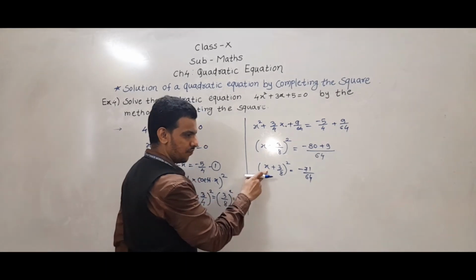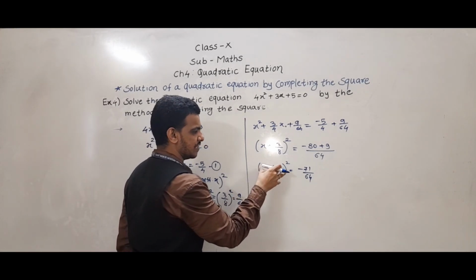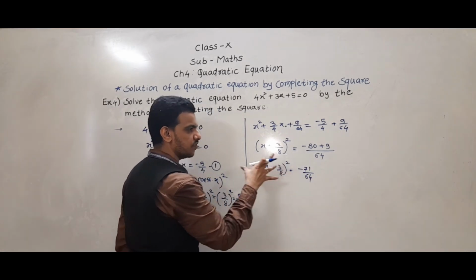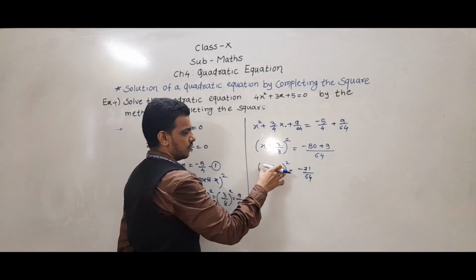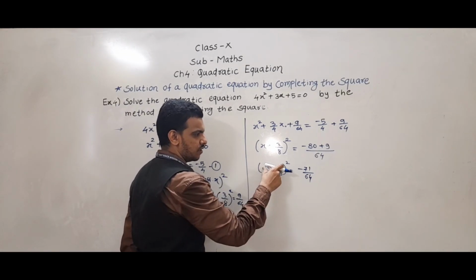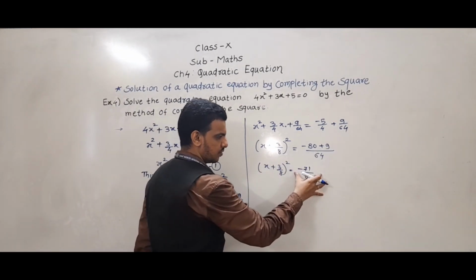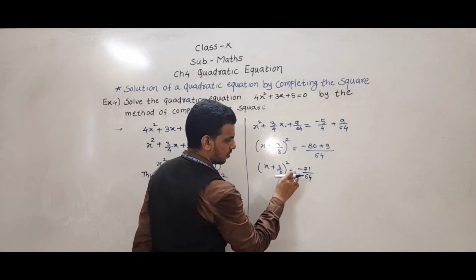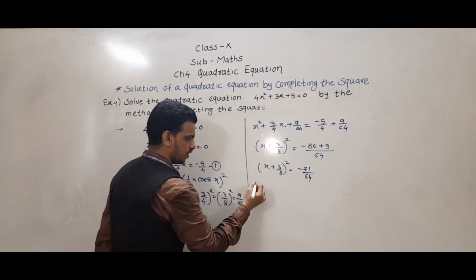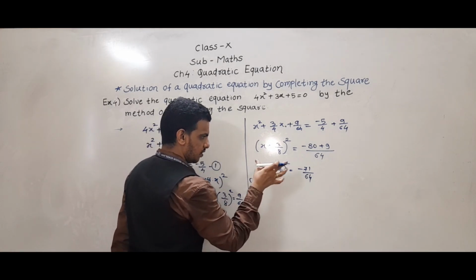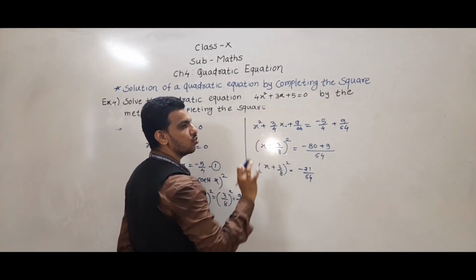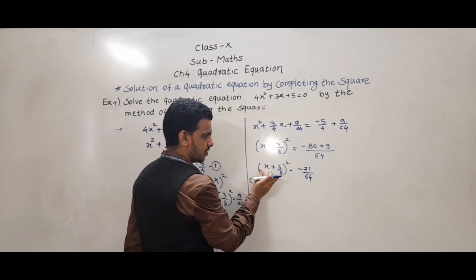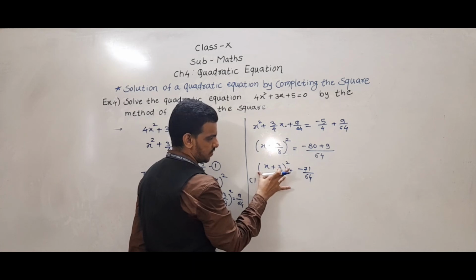There is no value of x for which x plus 3 by 8 squared is negative, because we know that the square of any number is a positive number. But here x plus 3 by 8 squared we got negative. So this quadratic equation has no real roots, because for any value of x, the answer will be positive.